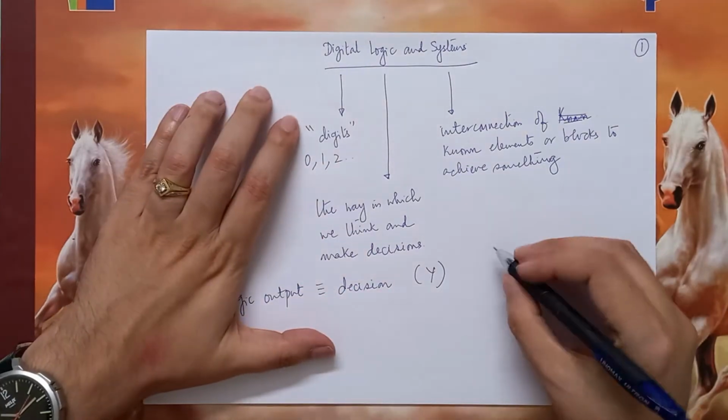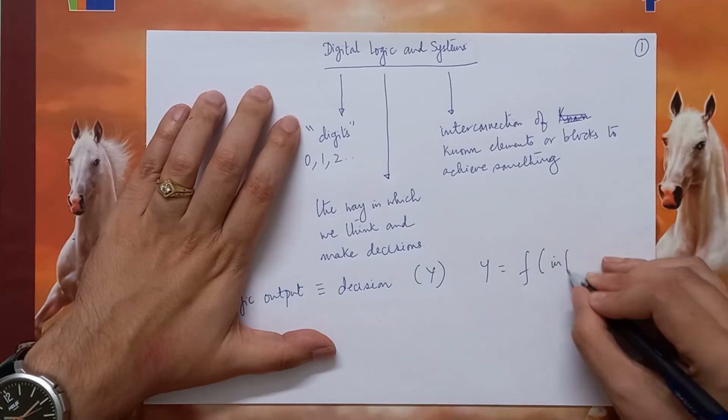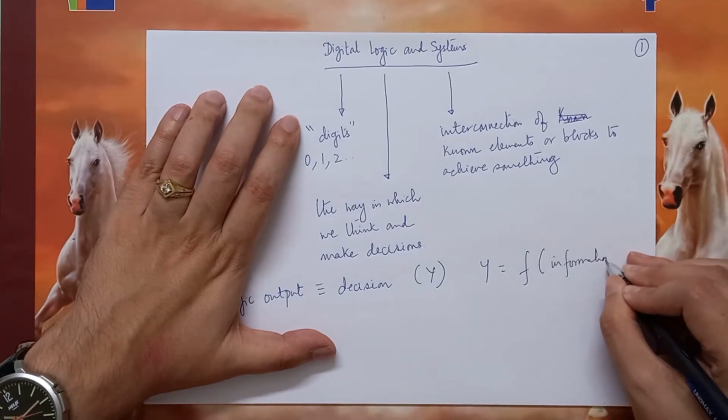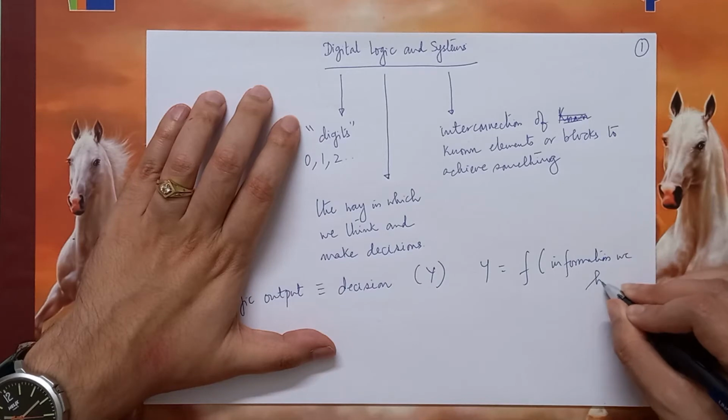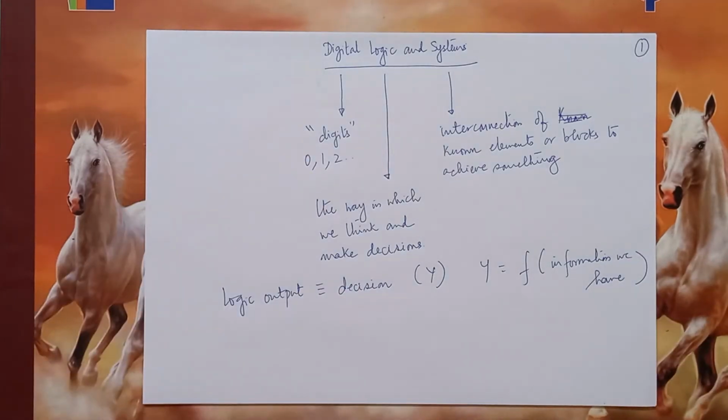So therefore I will say y is some kind of a function of the information we have. So this is a very broad definition. Information that we have could be anything.